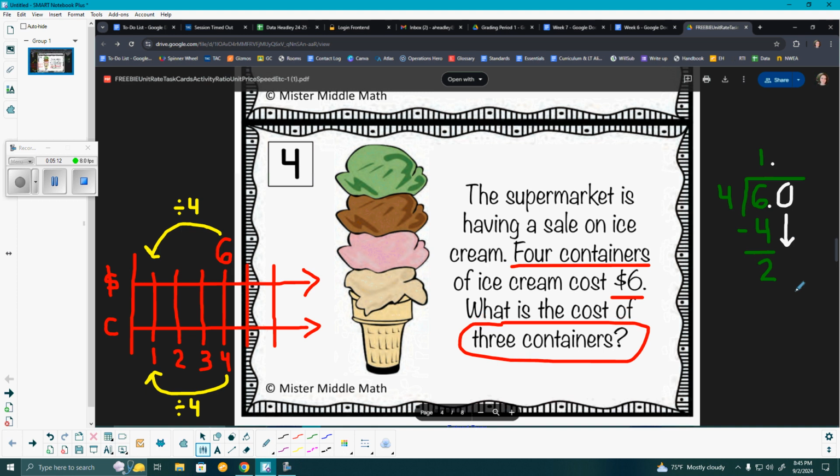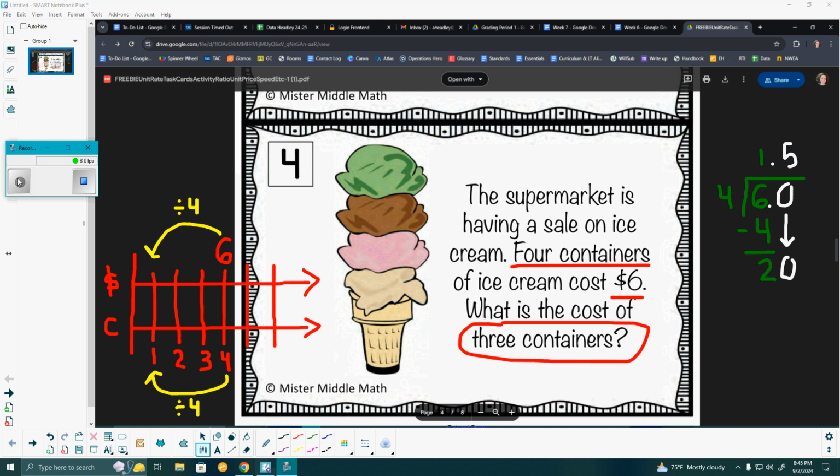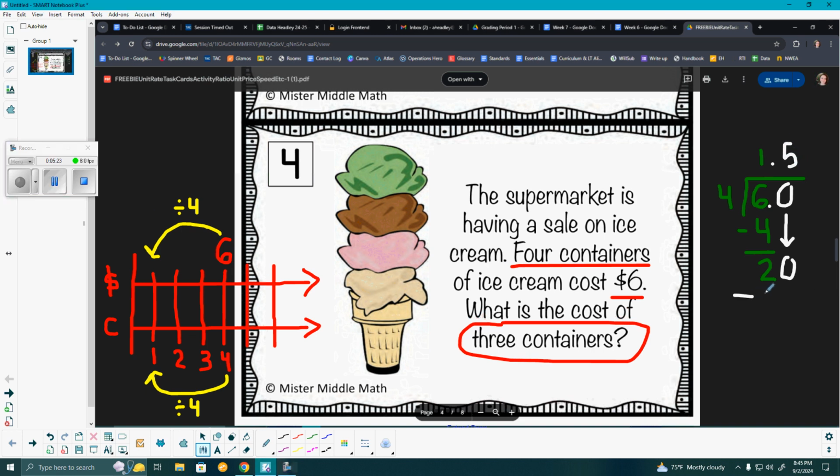Now I will bring down this 0 to make this 20, and I know that 4 can go into 20 5 times. 5 times 4 is 20, and 20 minus 20 is 0, meaning that my answer to 6 divided by 4 is $1.50, as we're working with money.